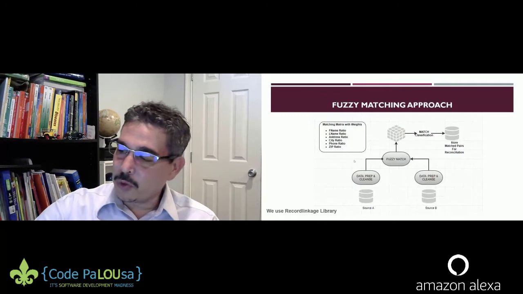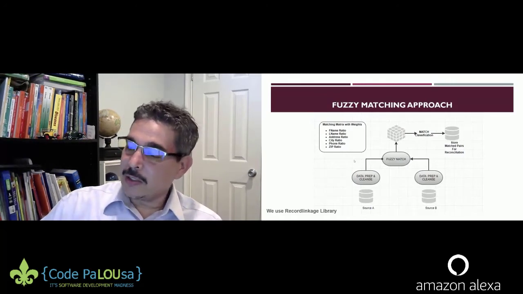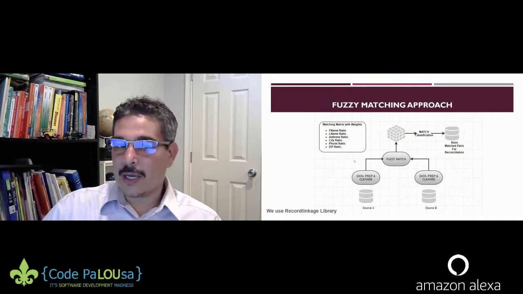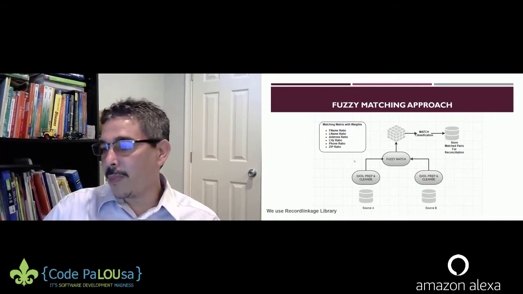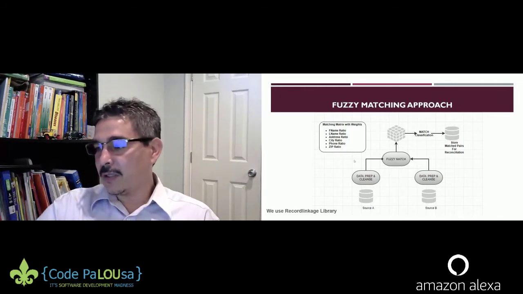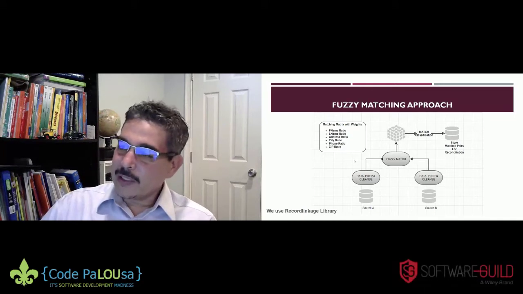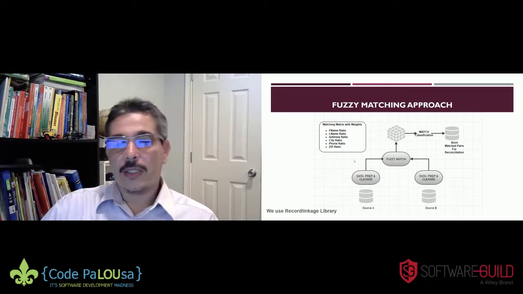So if I have two sources of data, source A and source B, maybe two clinics that have two databases for patients, or two businesses that have two databases for customers, after we clean the data we use fuzzy matching.